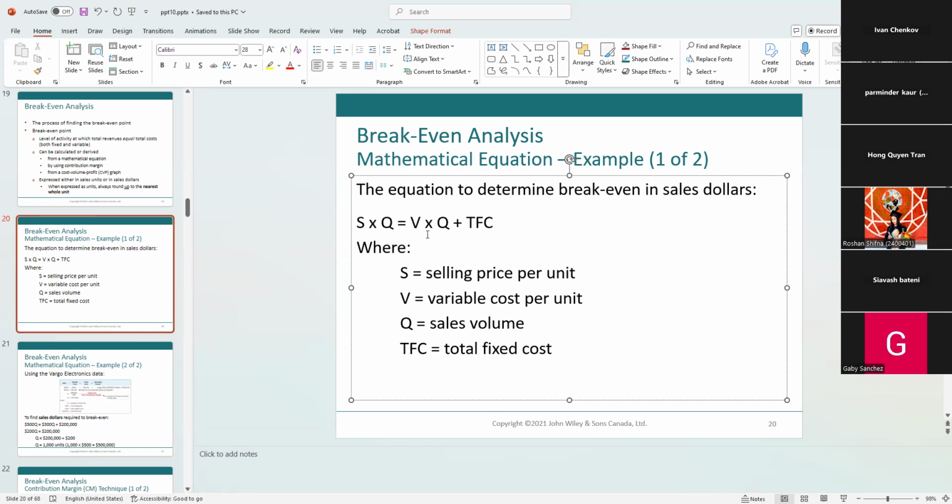Variable cost is VC times the number of units that I'm selling. And total fixed cost. Once I get this to be equal, that means I'm at break-even. Why? Because on one side I have the total sales, on the other side I have total variable cost and total fixed cost.